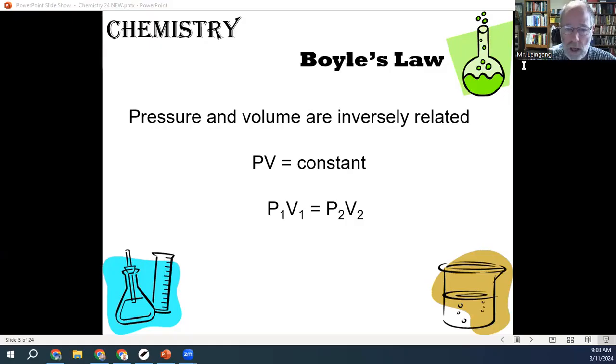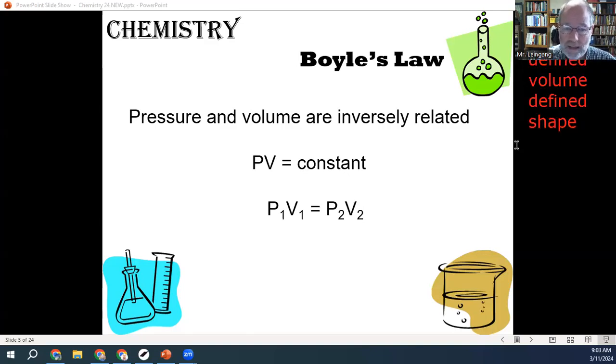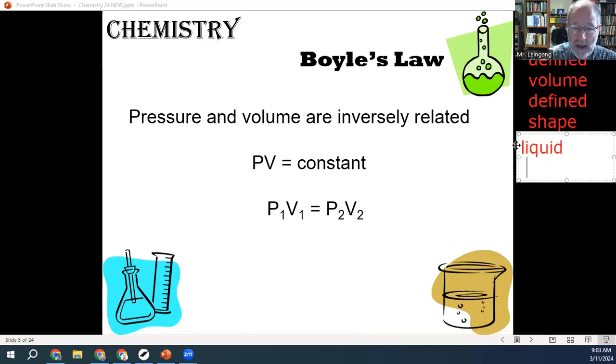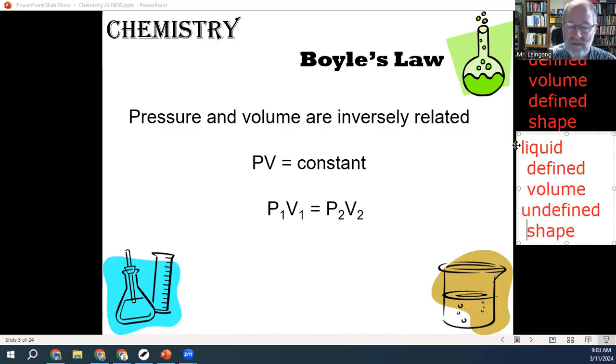A solid has a defined volume and a defined shape. A liquid has a defined volume, but an undefined shape. What do I mean by undefined? Well, that means that the shape of the liquid changes to its container.